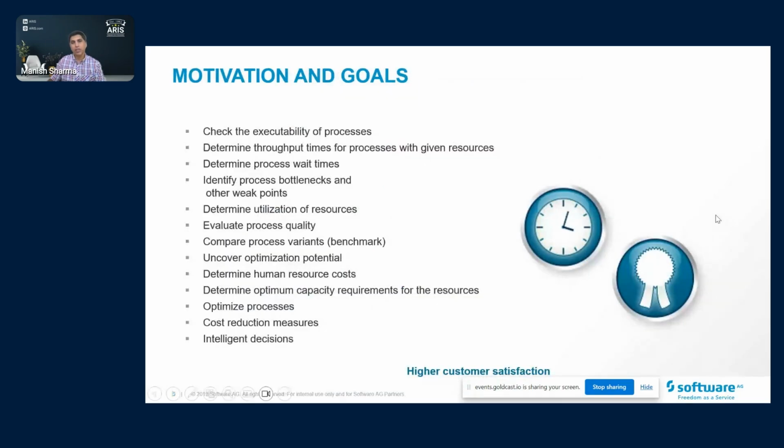So, what are the motivation and goals? In terms of motivation, as I said, it's to check the executability of the process. How good is the process designed so that it meets the actual KPIs or the SLAs that are behind it.